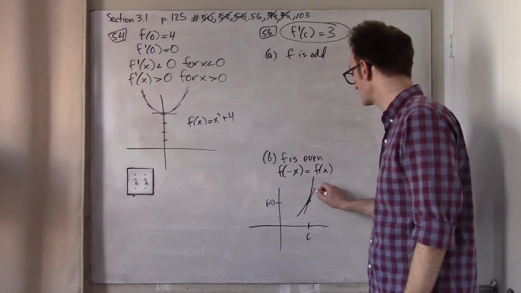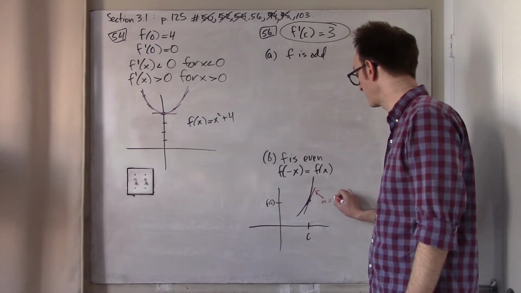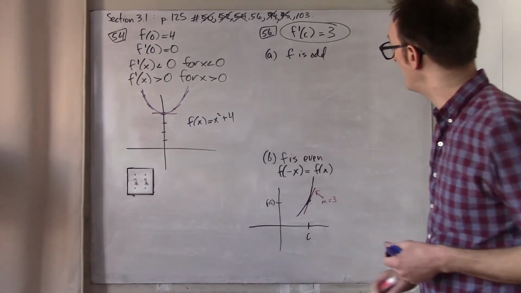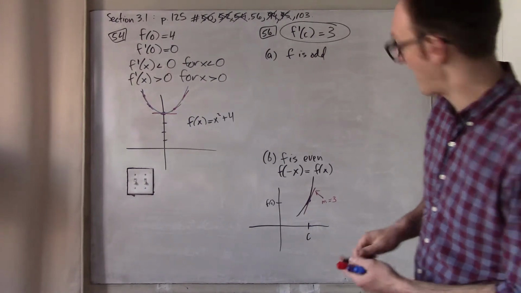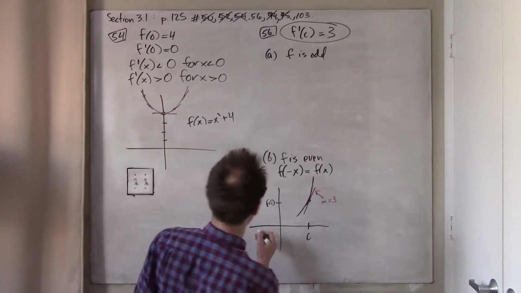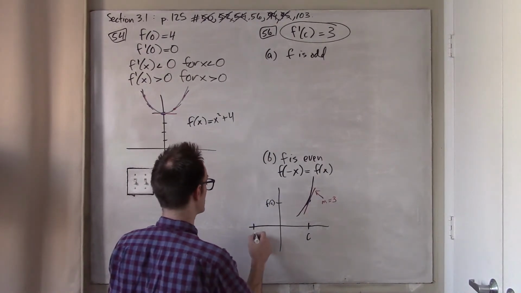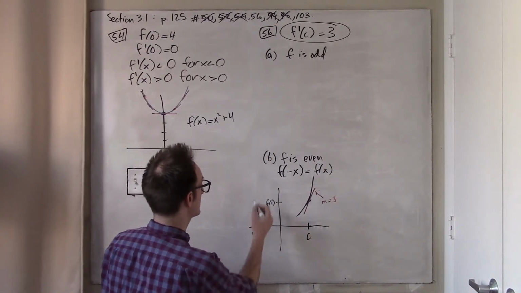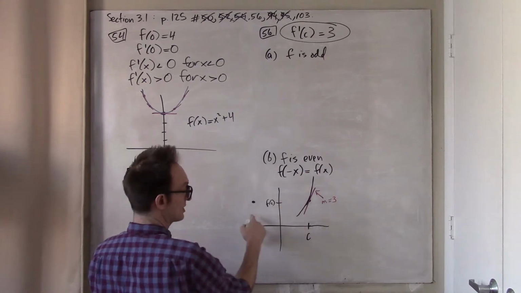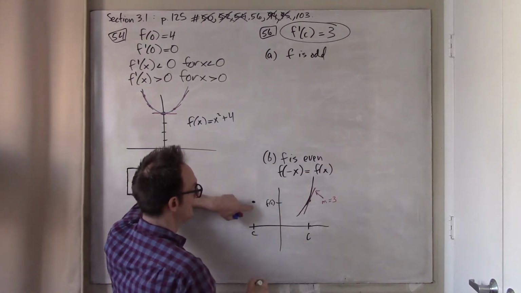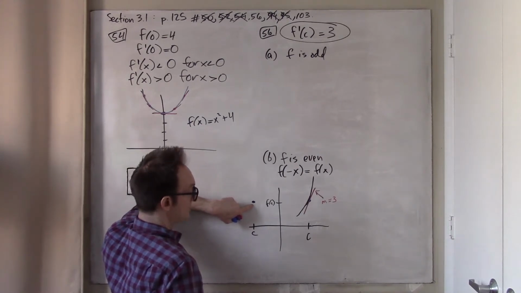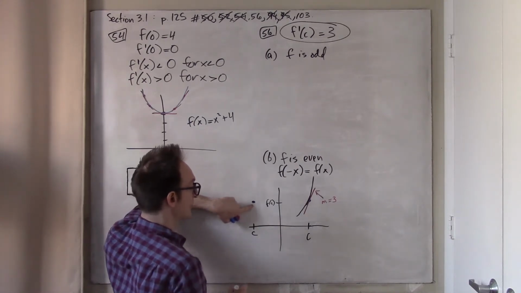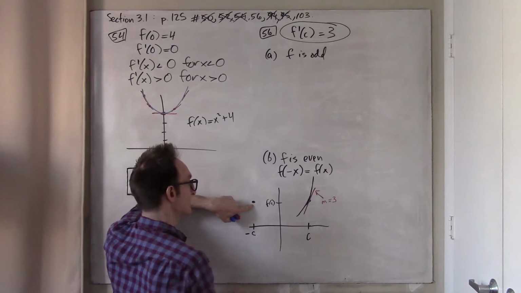Okay, so what's the significance of this for f of negative c? That's the question, right? Well, I now just use my knowledge of even functions to say that whatever this function's doing, by definition, it must also have the same y value, f of c, over here at negative c.